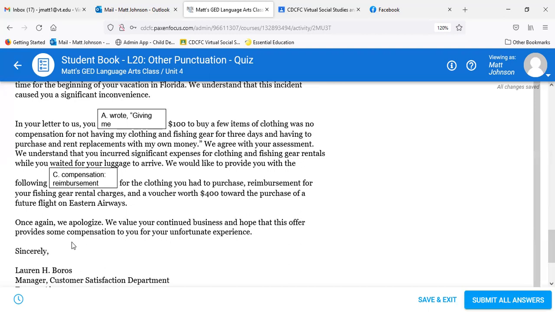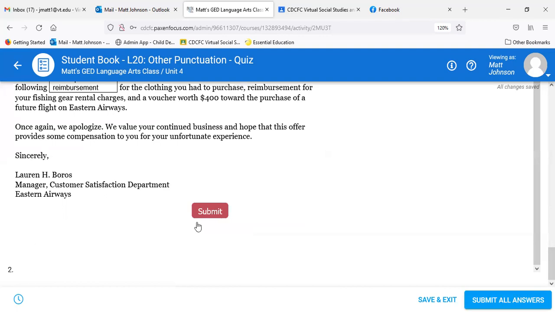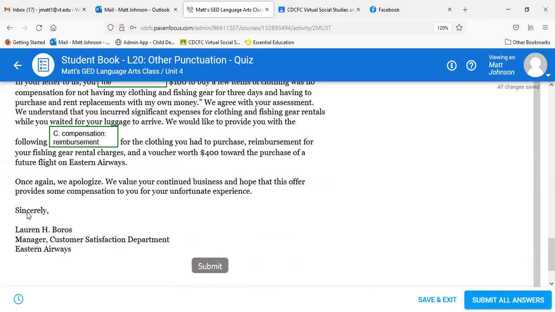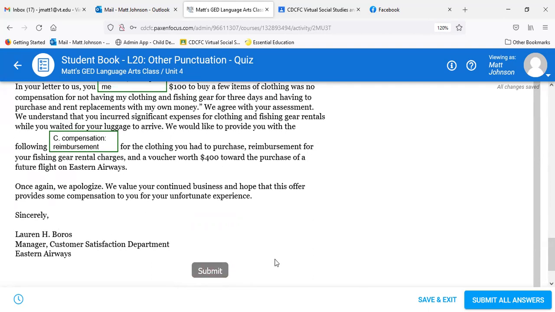So you see, particularly when you have a long list, colons are really great because it helps separate that information out. And then it says, once again, we apologize. We value our continued business and hope that this offer provides some compensation for your unfortunate experience. Sincerely, Lauren H. Burrows. And then closing a letter, you always use a comma after sincerely, all the best, however you close that statement.